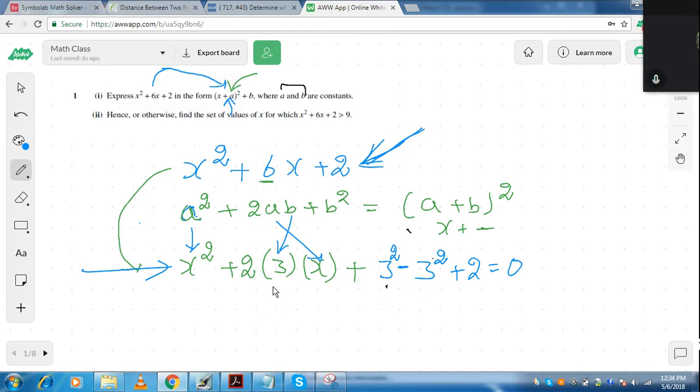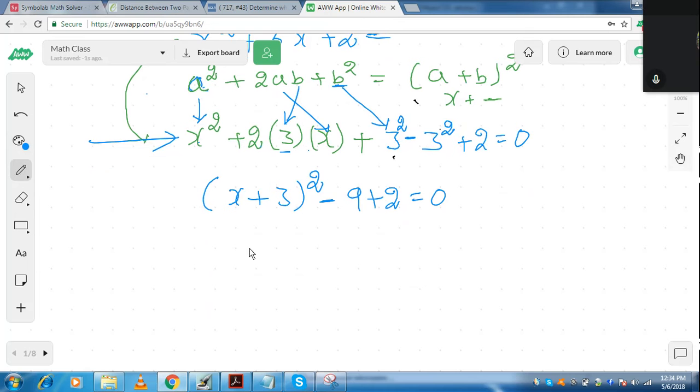Because b is 3, so b square, 3 square, we are not having, so we just add it and subtract it. Now this is completely in the a square plus 2ab plus b square format, right? So which can be written as a, nothing but x, b, nothing but 3, whole square, minus 9 plus 2 is equal to 0. Correct?